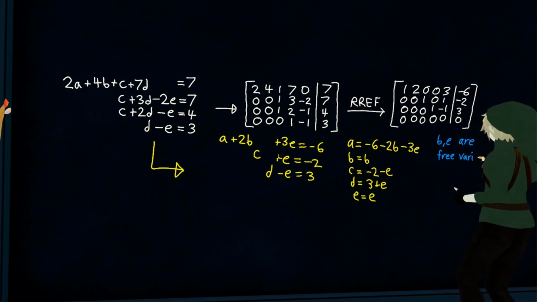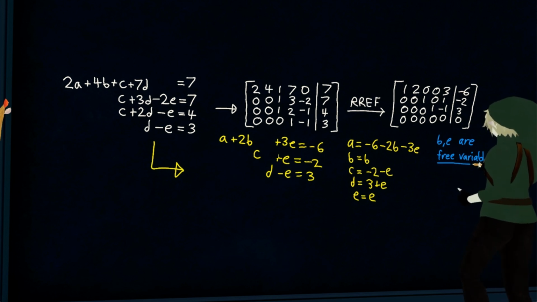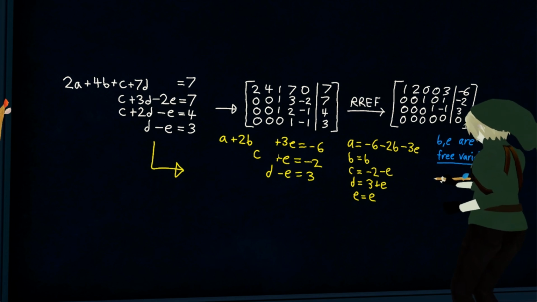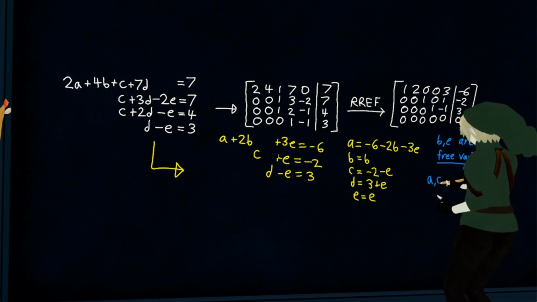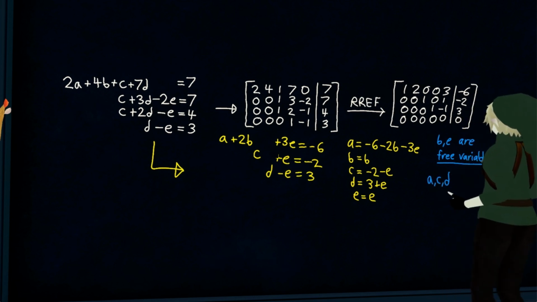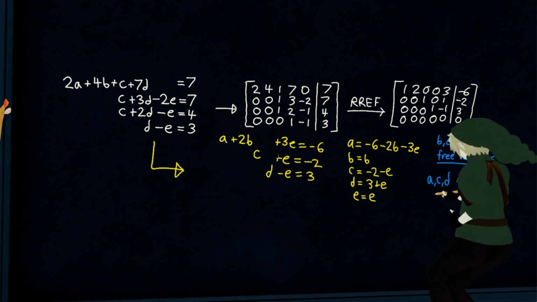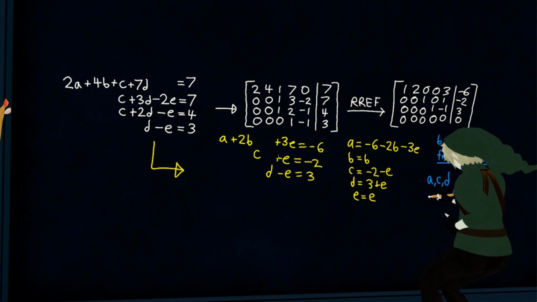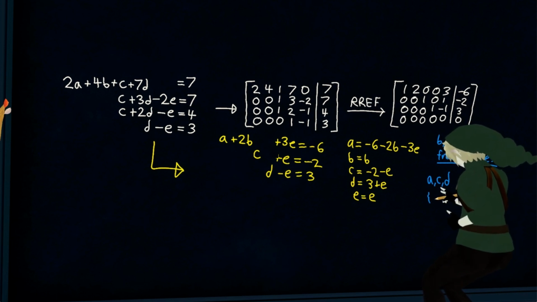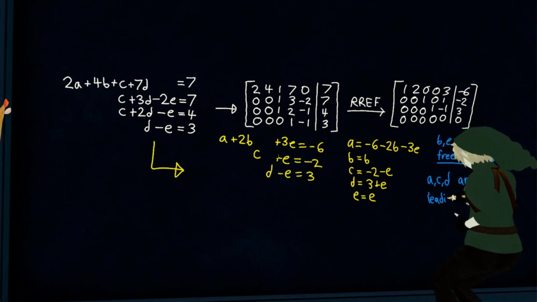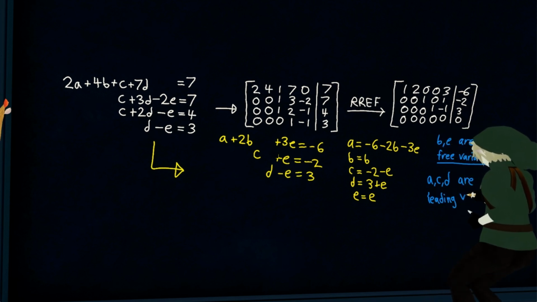These are our free variables. And A, C, D, we actually do have a term for A, C, D. A, C, D are what they call leading variables. If my pencil can stop spazzing, leading variables.